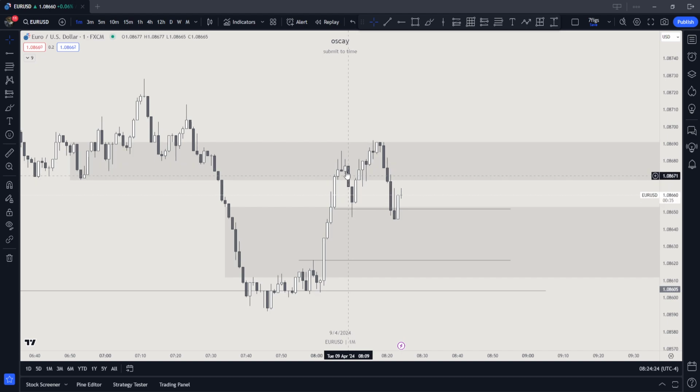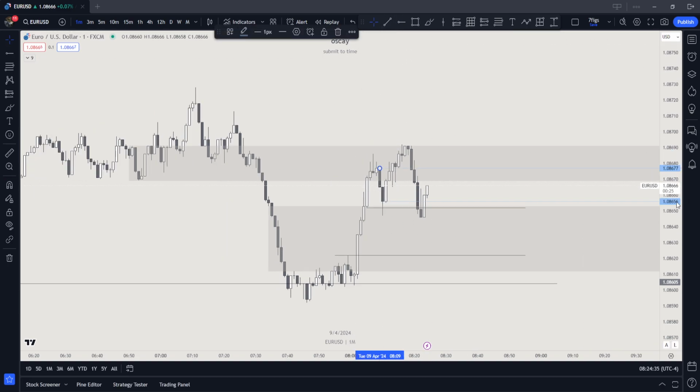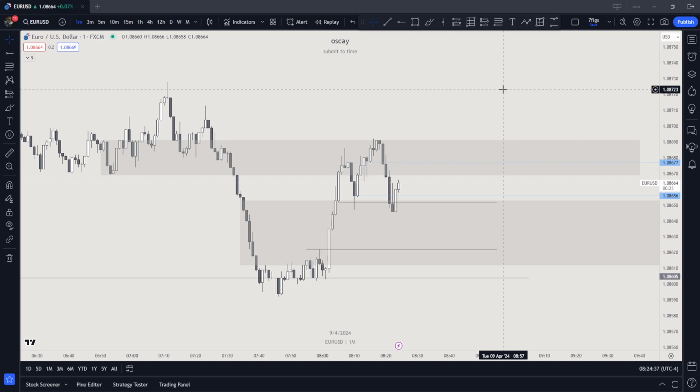So this is a breaker. We want to disrespect the breaker. And you will see once we get close to 25, we'll see an explosive move.